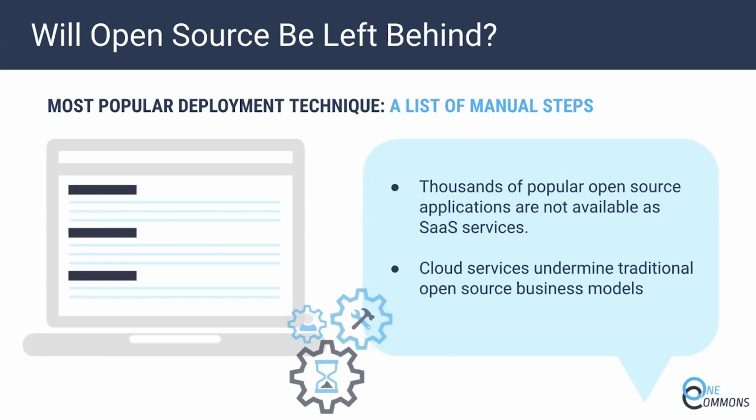And so instead of this easy click through you get with a SaaS service, most people, to deploy open source software, you have to go follow a bunch of manual steps in a README file on the site. And so those are the challenges they face.